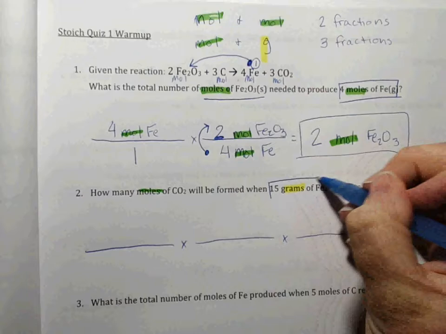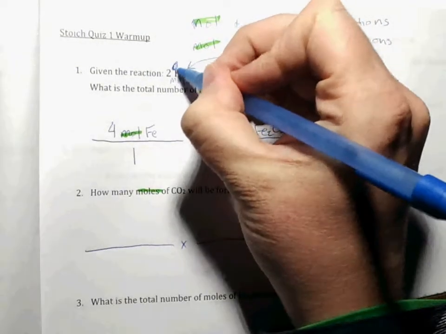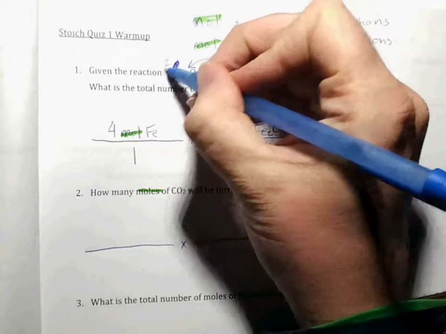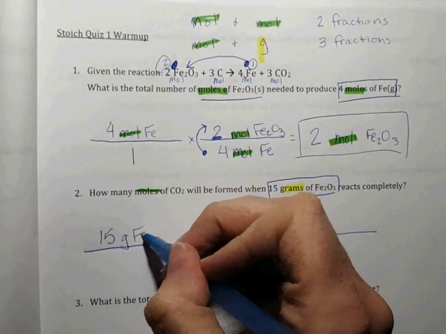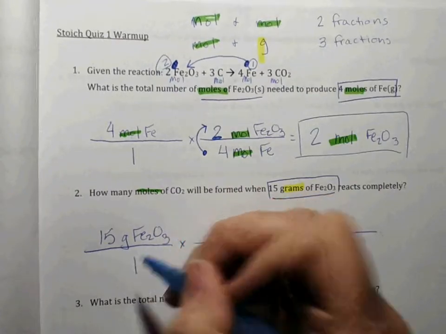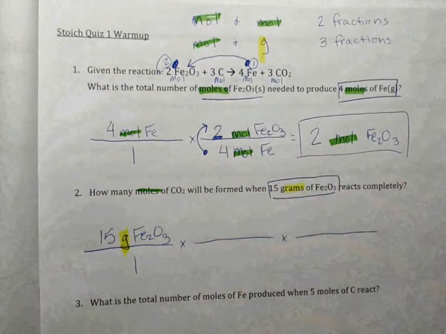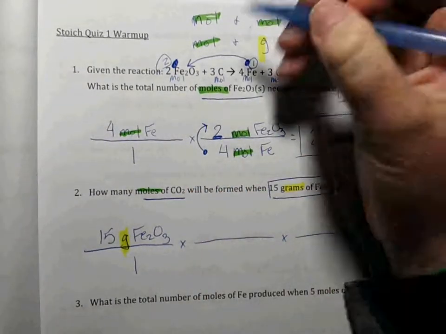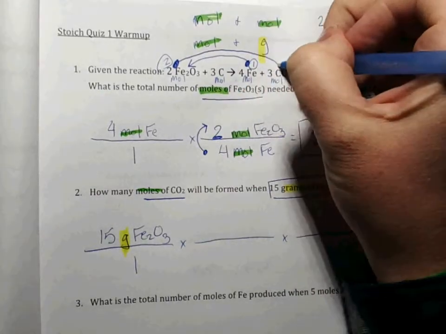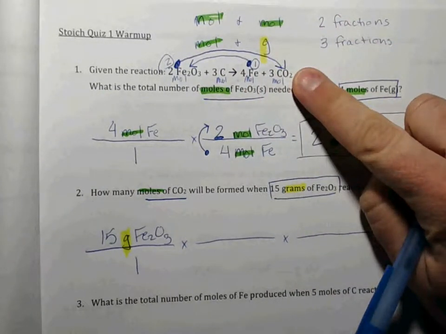This time they're starting me with 15 grams of Fe2O3, so for number 2, my bridge is going to start at Fe2O3. And that's my given that I'm going to write over 1. They're asking for moles of CO2, so my arrow, my bridge for number 2 is going to point at CO2 in the reaction.